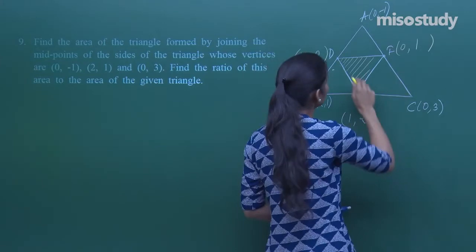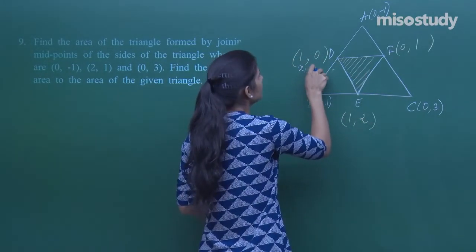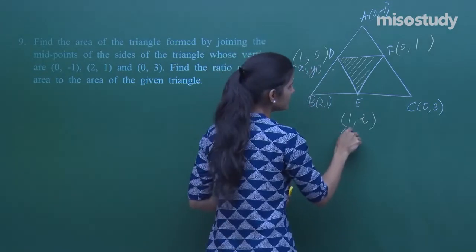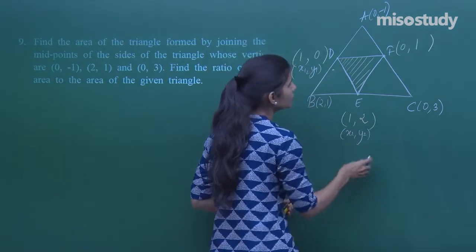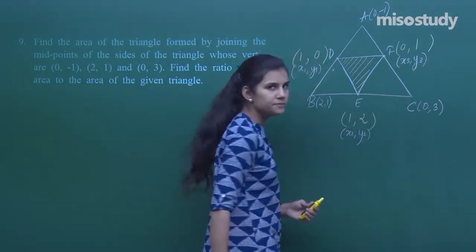The moment you have the coordinates of D, E and F, I can take this as x1, this as y1, this as x2, this as y2, this as x3, this as y3.